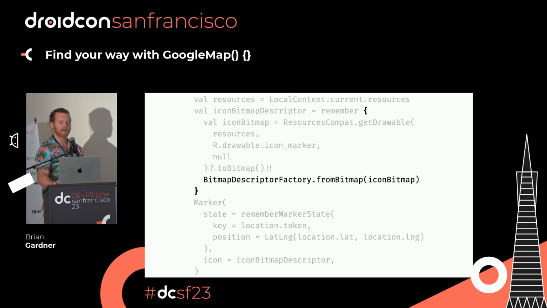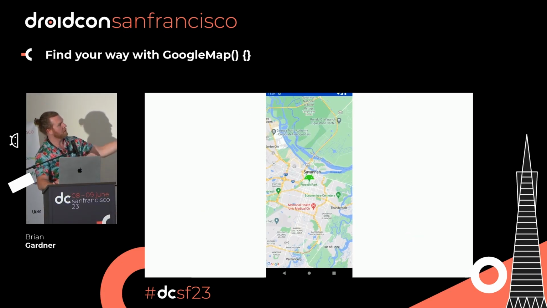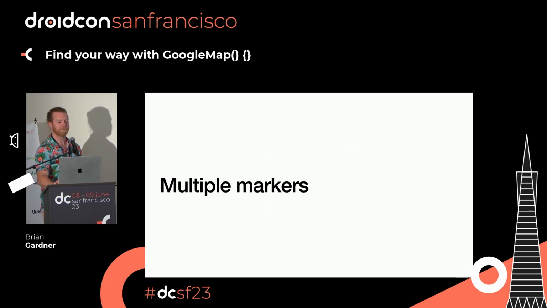And then once I have that, I can actually pass it to my marker as my icon. And when I run the app, I have my tiny little Android on there. So relatively straightforward. I do wish that they would have used just an icon asset or something as opposed to bitmap descriptors, but it works. It's okay. But this icon is not great for accessibility, so I'm just going to go back to the old markers for the rest of the talk.